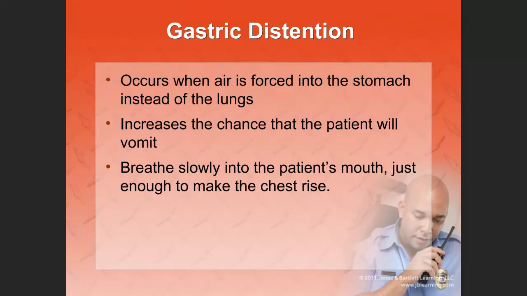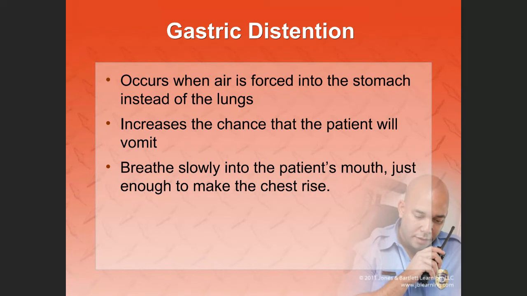Now, gastric distension. This can be a major issue when giving rescue breathing in the field. And this is usually the result of ventilating a patient too forcefully or too fast, or the airway is not properly positioned. So it occurs when air is forced into the stomach instead of the lungs.